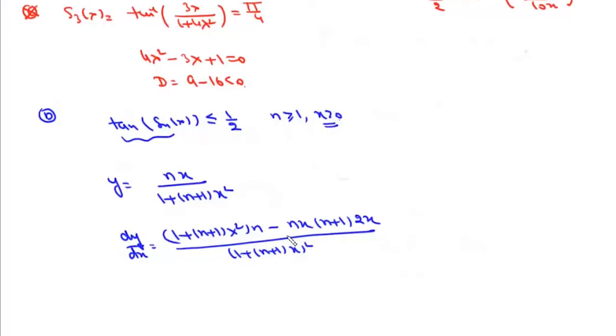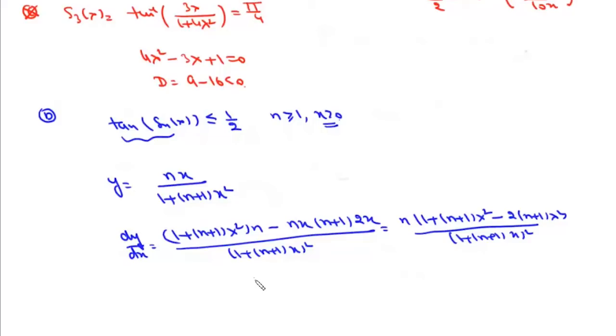Now here we'll take this n common, then we can write (1 plus (n plus 1)x²) minus 2(n plus 1)x² upon (1 plus (n plus 1)x²) whole square.